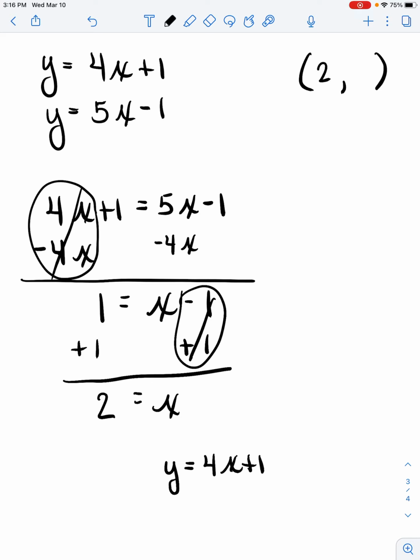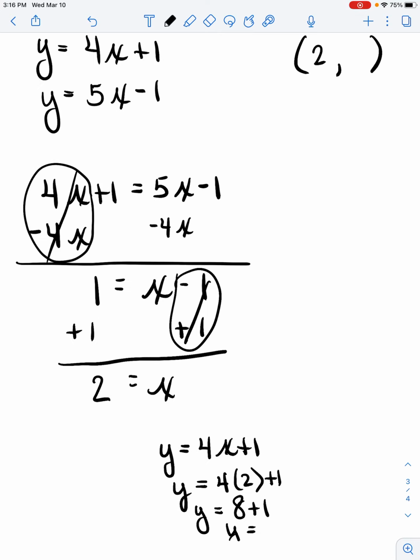If x is 2, y equals 4 times 2 plus 1. So y equals 8 plus 1. So y has to equal 9.